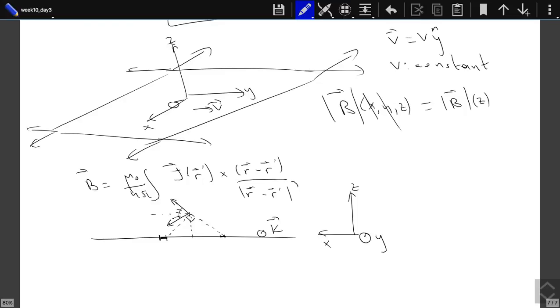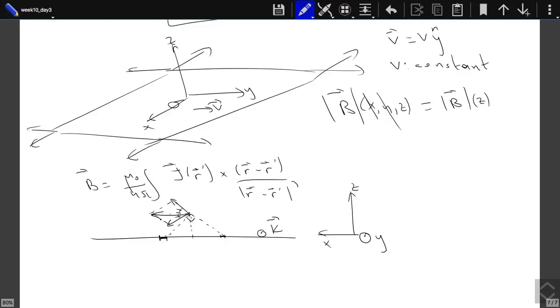So when I sum the contributions of these two, they will add up to be a horizontal vector. For any such very narrow strip, you can imagine a symmetrically positioned strip, so that when you sum the contributions of the two, you will end up having a contribution horizontal to my plane.